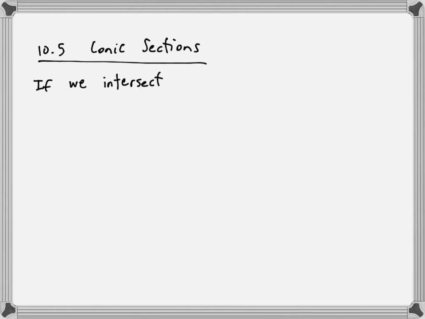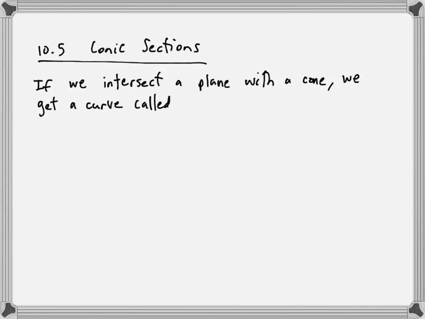If we intersect a plane with a cone, we get a curve called a conic section. So this is where the name conic section comes from. It's like a section of a cone.